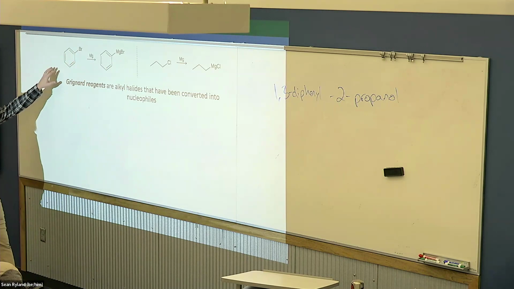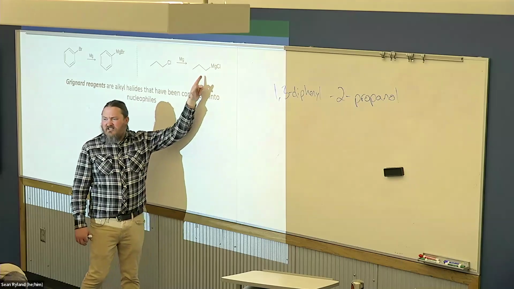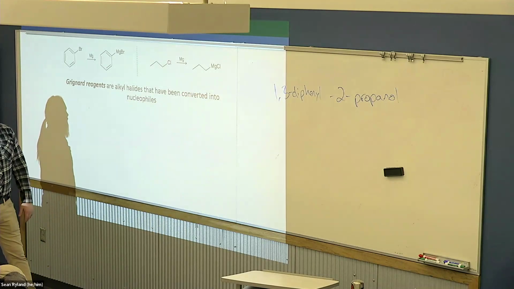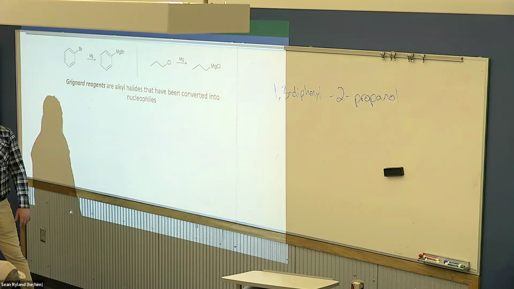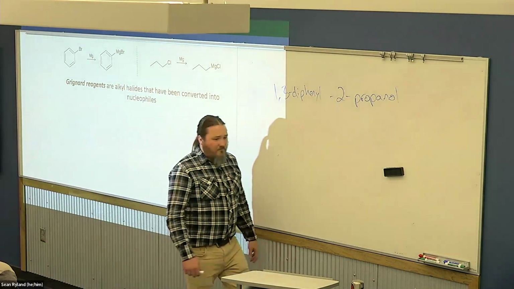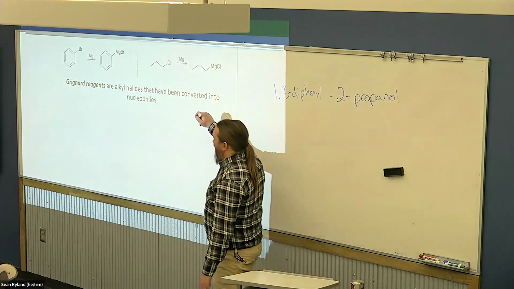Or we just call it magnesium phenylbromide or magnesium propyl chloride. We see this most commonly with bromides, but it does work with chlorides as well. And what that does is it kind of does the same thing that a hydride source does.